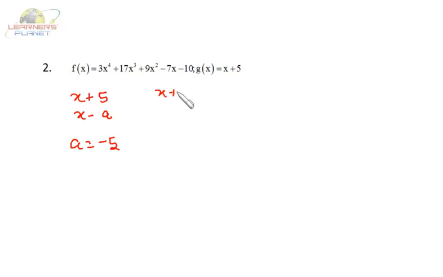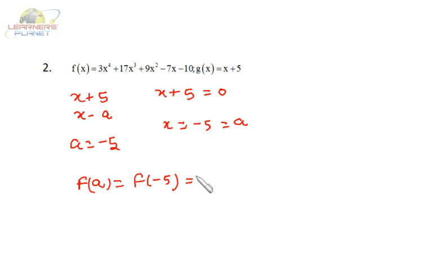Or if I put x + 5 as 0, then whatever the value of x, it will be the value of a. So it is minus 5. Now that means we have to get the value of f(a), or f(-5). So f(a) or f(-5) is equal to 3 into (-5) raised to 4.